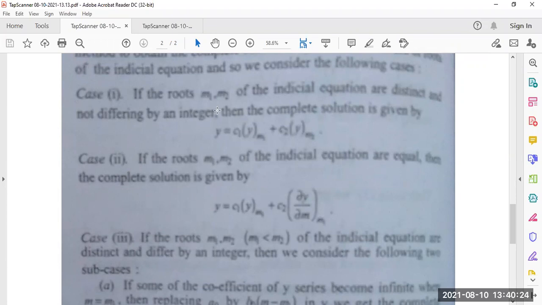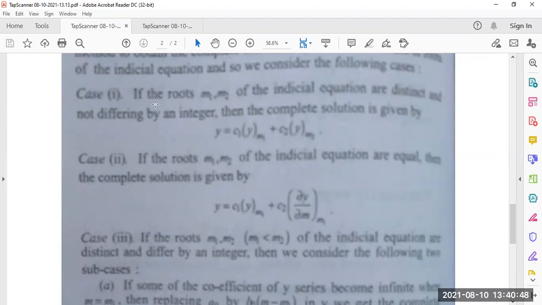Roots of the indicial equation are distinct and not differing by an integer. That means one root is an integer and another is a fraction, so the difference between these two roots is not an integer. Suppose m1 equals 2 and m2 equals half, then the difference between them is 3 by 2, which is not an integer.